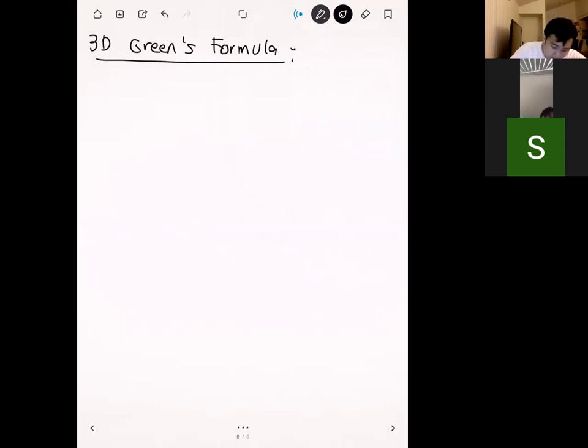Okay, so first I'm going to present to you Green's theorem in 3D. Or I should say Green's formula. I keep getting the two mixed up. Okay, so in 3D, Green's formula looks like this. So we're going to have a triple integral of W. W has the same interpretation as before, so that's going to be our weighting function.